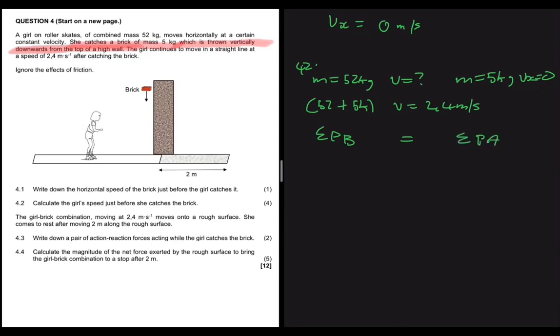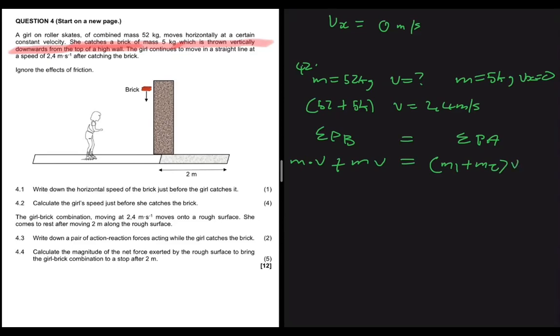So let's go ahead and try to calculate the momentum before. Before, we have the mass of the girl, and it's moving at a certain velocity, and that will be the momentum of the girl, plus the mass of the brick, moving at a certain velocity, and that will be the momentum of the brick. And then after the girl catches the brick, we now have M1 plus M2, the mass of the girl and the brick, moving at the same velocity.